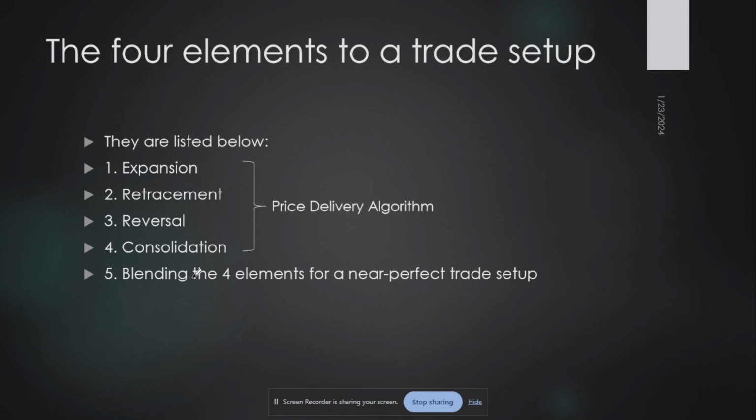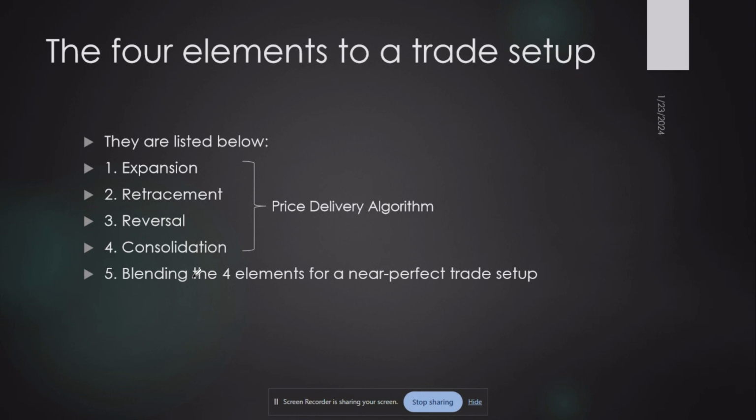It will always be doing one at every point in time. Price can either be retracing, or trying to give a reversal, or trying to consolidate, or consolidating, or even expanding. So this particular algorithm can only do one of these four things at a time.